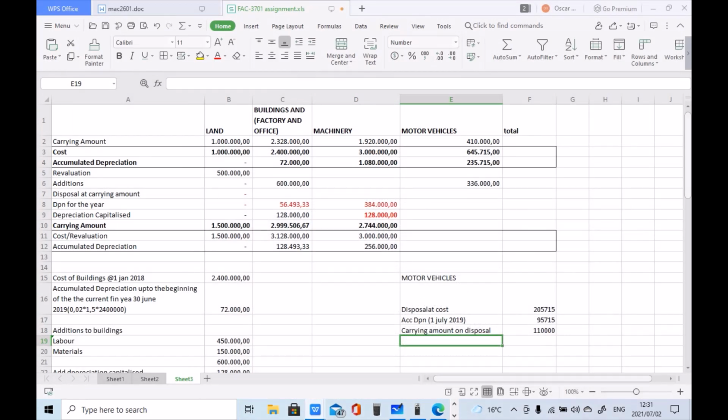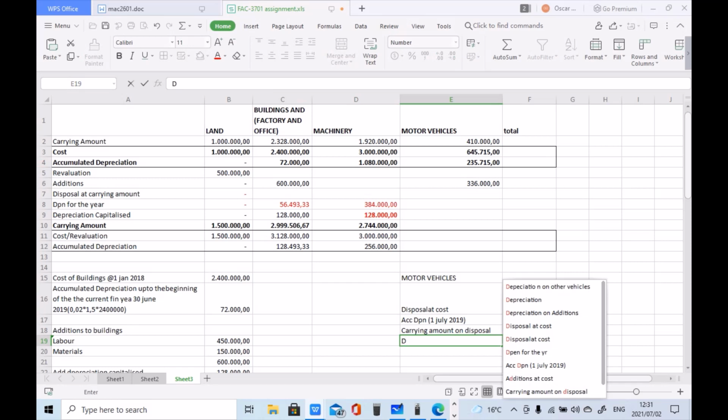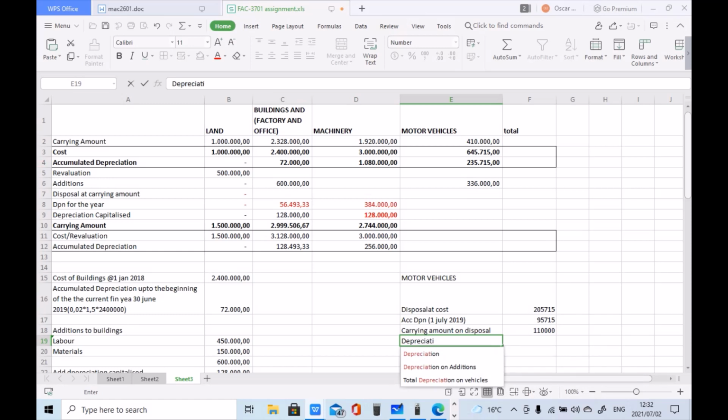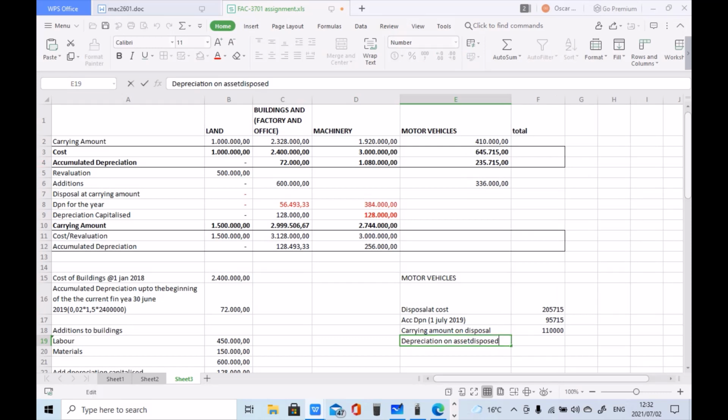So we're going to calculate depreciation on asset disposed, and that is going to be 7/12, because you had it for 7 months out of the 12, times 20%, times the cost, which is 205,715. That's how you're calculating the depreciation there.